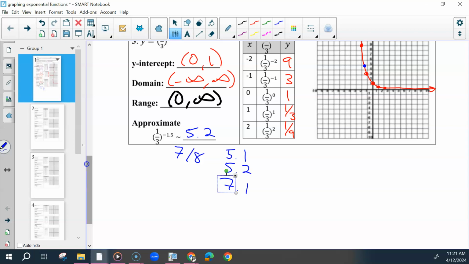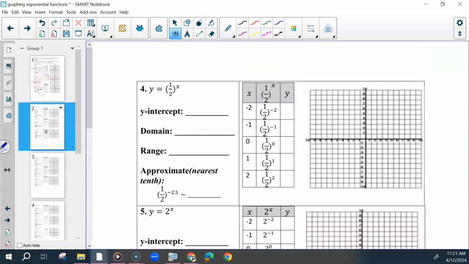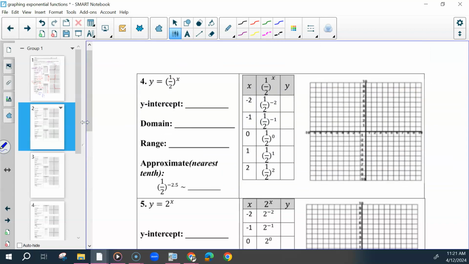Alright, we're going to do number 4 and then skip around some. So another fraction base, 1/2 to the negative second would be what? 4. 1/2 to the negative 1. 2.